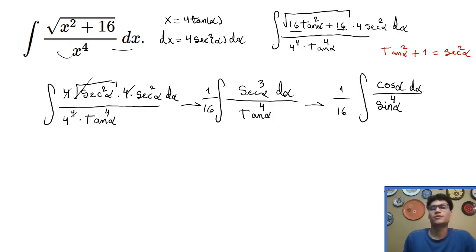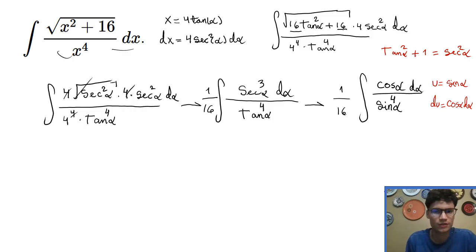Now we have to do another substitution, and we're going to say that u is equal to sine of alpha. So du will be cosine of alpha times d alpha.